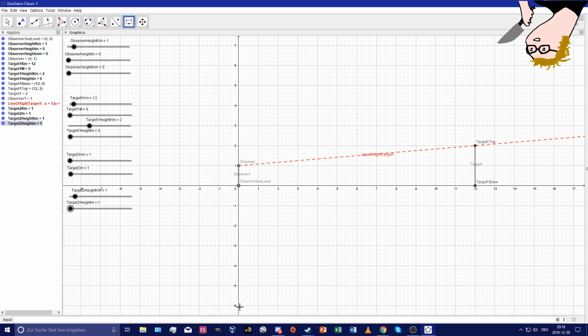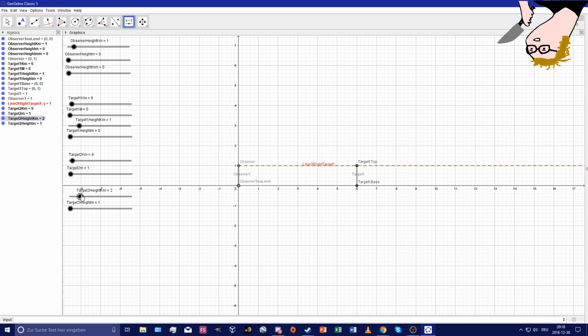Okay, so we're gonna do this the same way as before. I'm just gonna set the target distance to, let's say, it's a bit low here, because I want not have to rescale everything all the time. Let's say 9 kilometers distance and height 2 kilometers. Okay, so the same way.